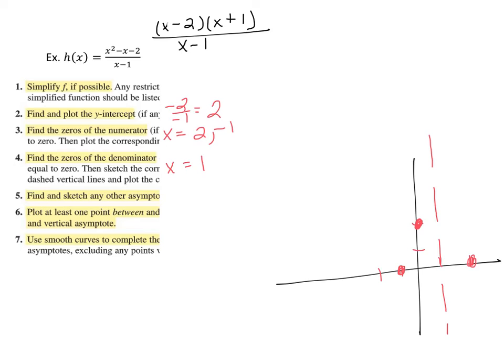Horizontal asymptote, the top is larger than the bottom. So we have no horizontal asymptote, but we do need to do long division. So we need to do long division to decide what's the slant asymptote then.